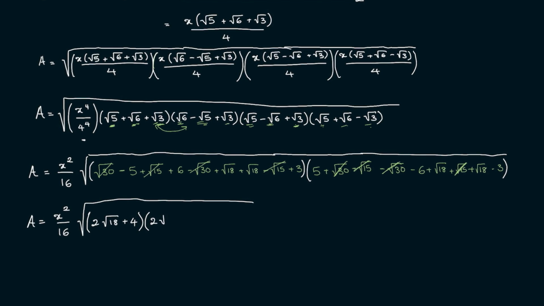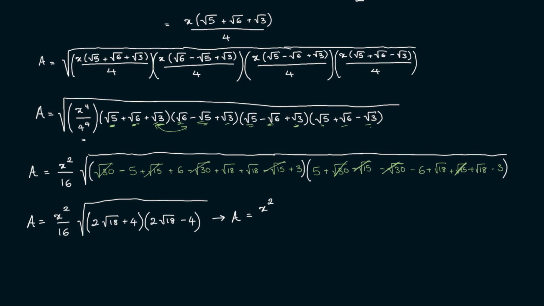And if we simplify the second bracket, we're going to get 2 times root 18 minus 4. Well, this should look familiar. This is a difference of perfect squares. So we can simplify this even further.